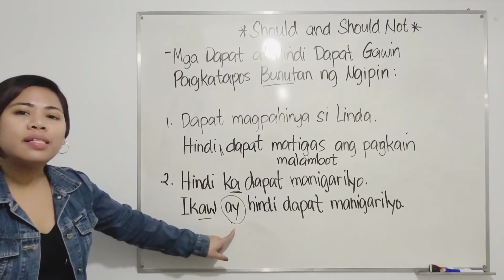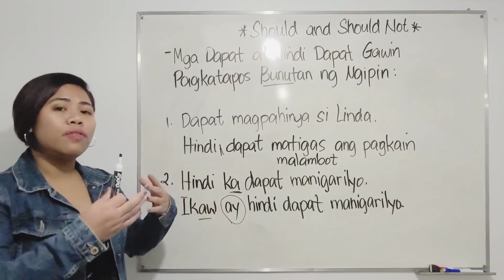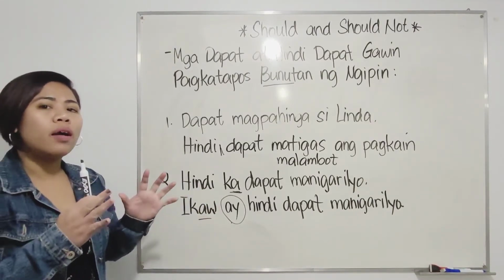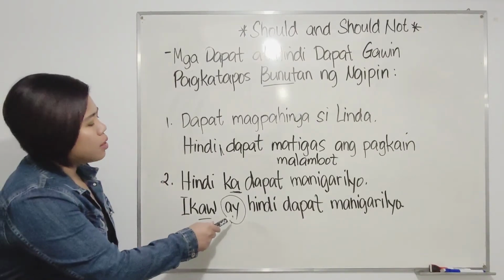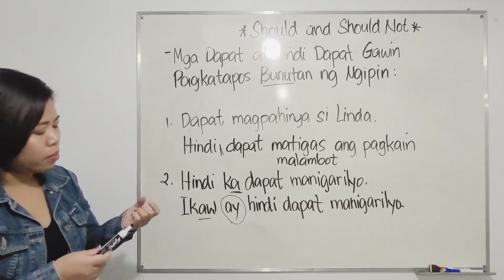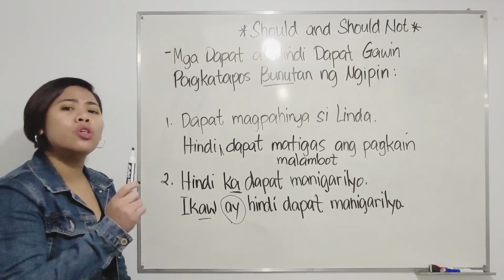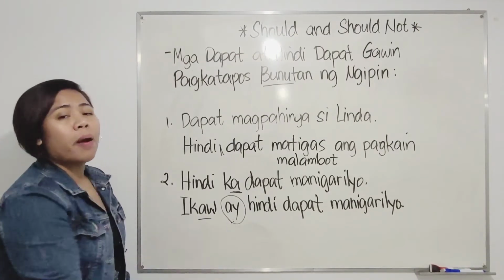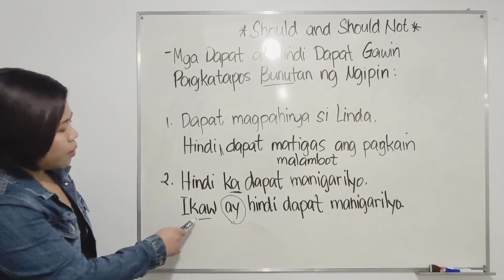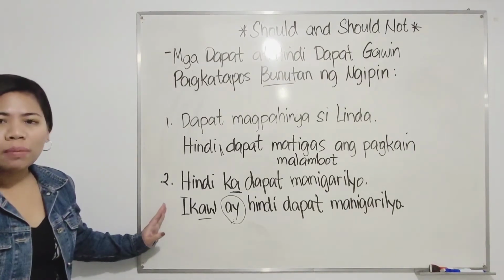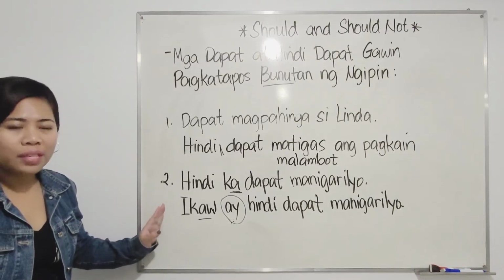And we only use this when we are talking in formal written Filipino. So when you are talking, so it means it's conversational, you should not use this pattern where you would need an auxiliary verb. So, ikaw can only be used in the beginning of the sentence.